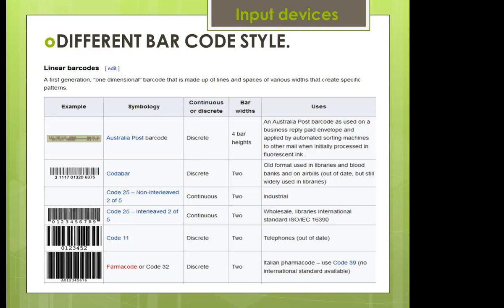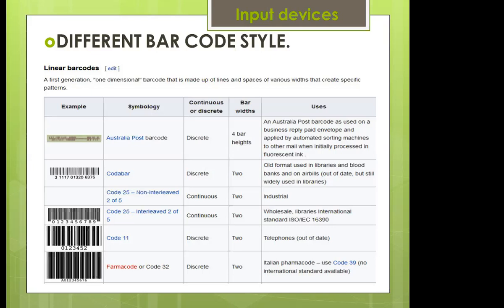So coming to the last thing, what is a continuous or discrete barcode? In the discrete barcode, there is a small gap between every two consecutive bars.